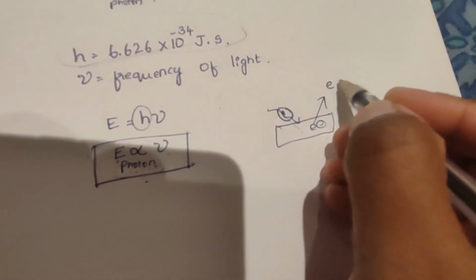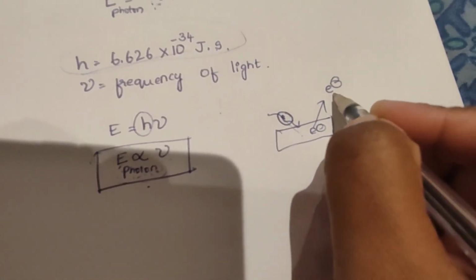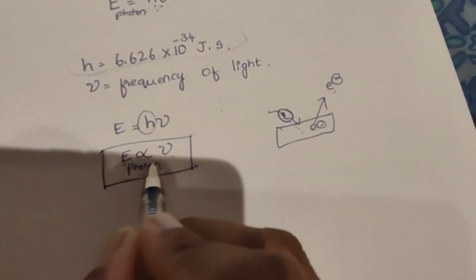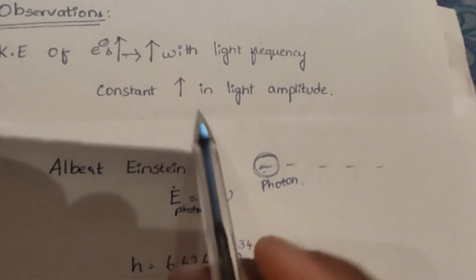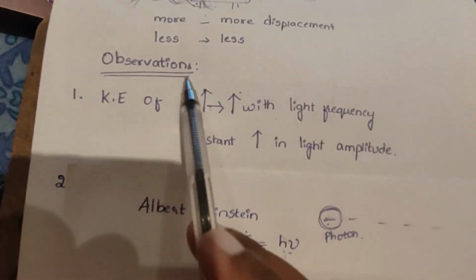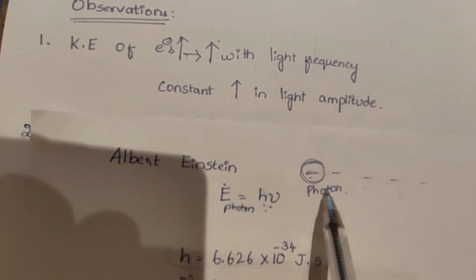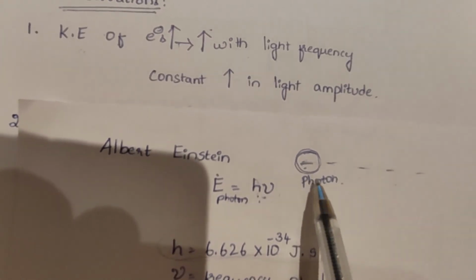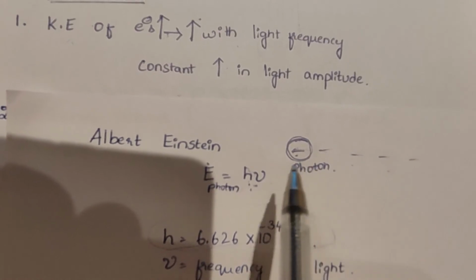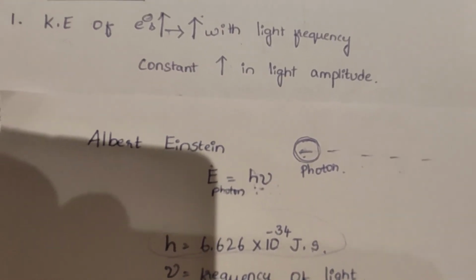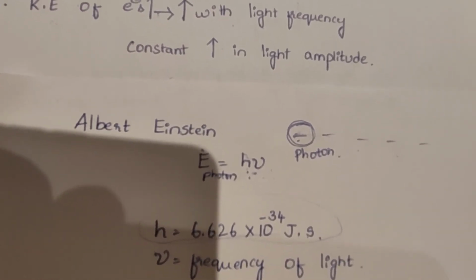So kinetic energy of electrons is proportional to frequency of the light. So the first observation can be explained through Planck's quantum theory, which in turn suggests that electromagnetic radiations have particle nature.